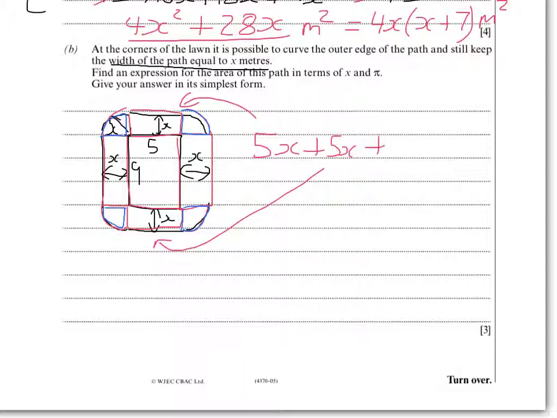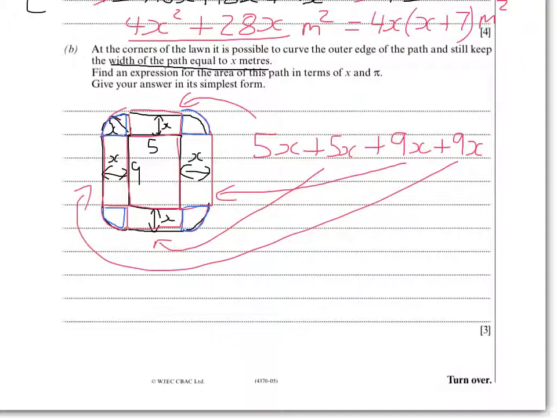And then we've got 2 lots of 9 times x from the 2 sides. So we've got this one and the one at the far side. So that leaves us with 5x plus 5x plus 9x plus 9x.